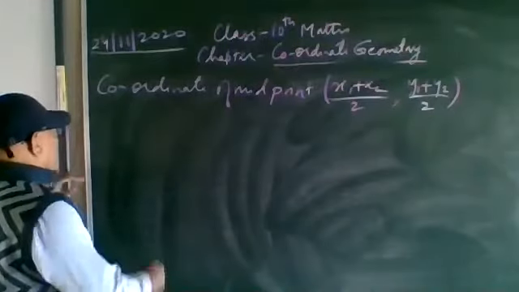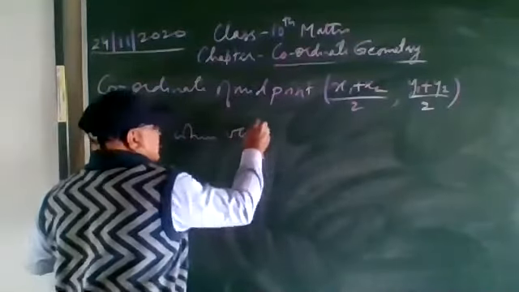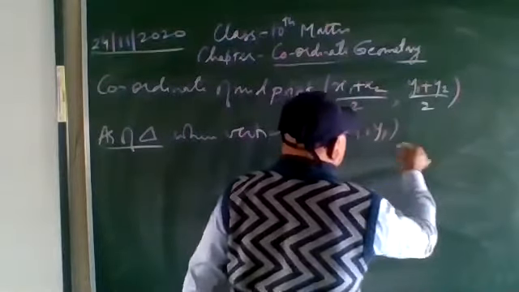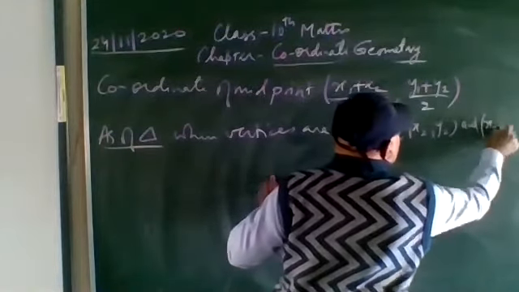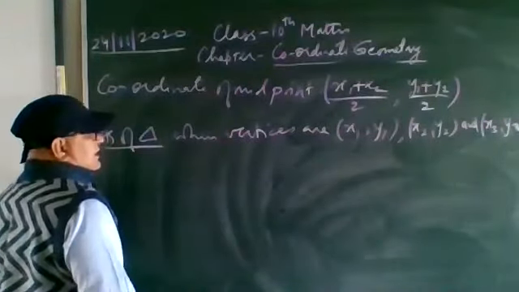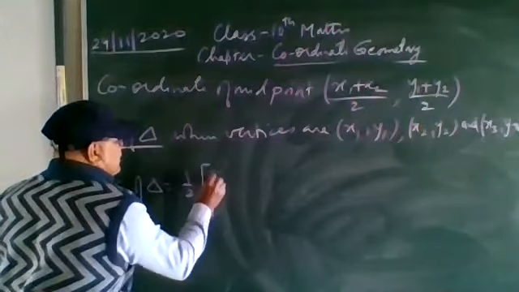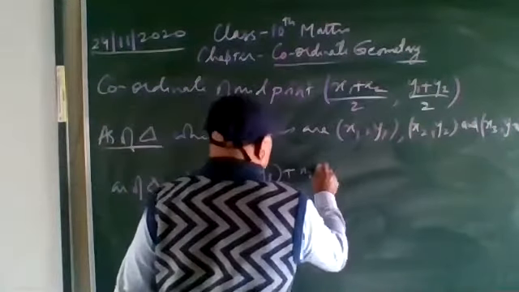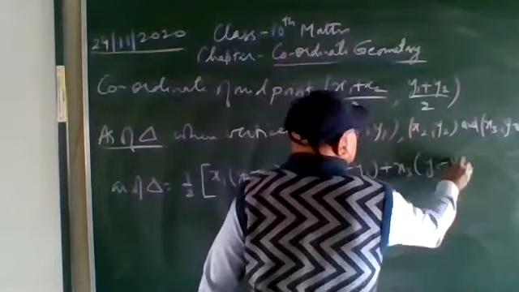Area of triangle when the vertices (x1, y1), (x2, y2) and (x3, y3) are given: area equal to 1 by 2 [x1(y2 minus y3) plus x2(y3 minus y1) plus x3(y1 minus y2)].